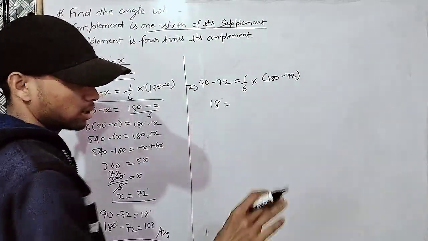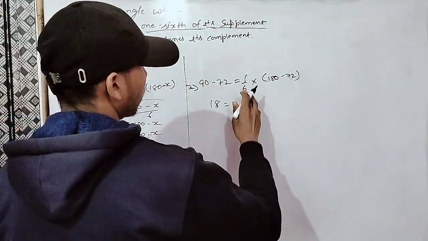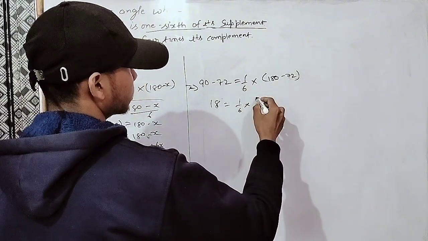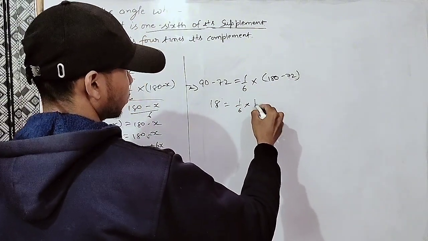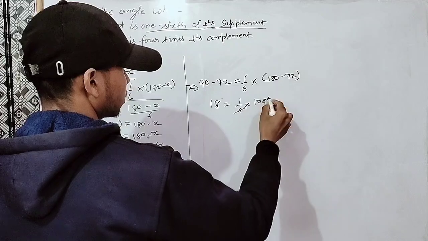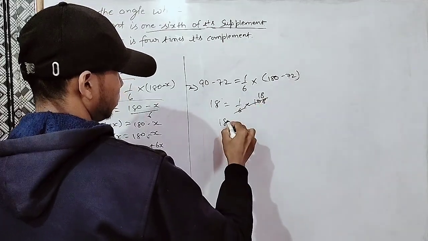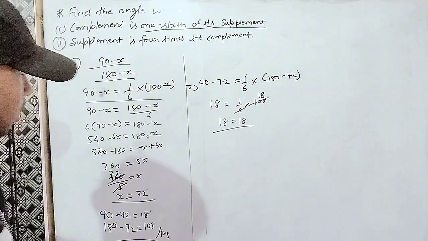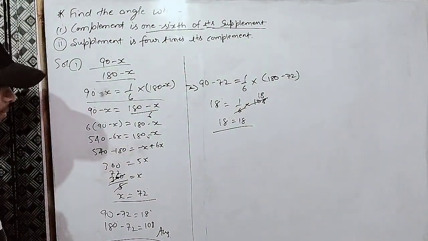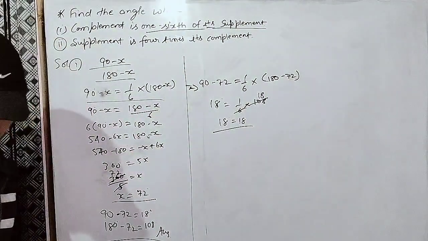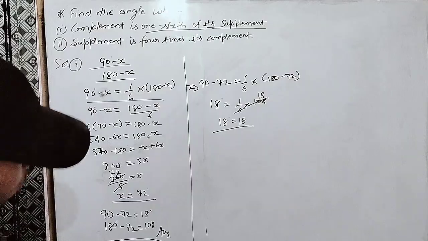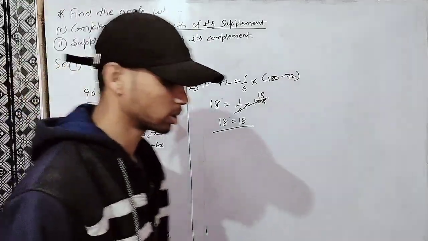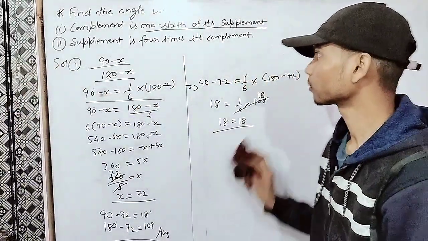Okay, LHS is 18. 1/6 of 108 is also 18. LHS is equal to RHS. Our answer is correct. This is a way to check whether our answer is correct or not.